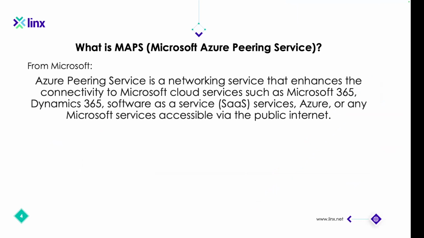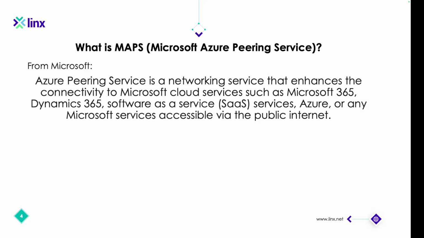It's a peering service that allows you to enhance your connectivity to all of the public-facing Microsoft services, which I'm sure a lot of you, especially if you're joining us here, are using one or more of.